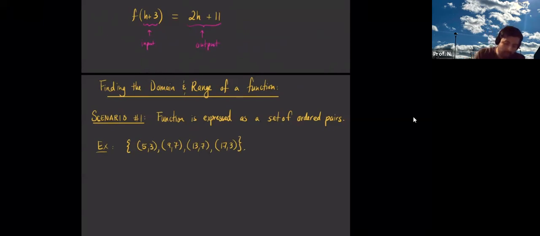Now, what I want to find, first of all, is whether it is a function. Well, if we look at the x values, they only appear once, right? So since x values only repeat once, this is a function. This set represents a function.